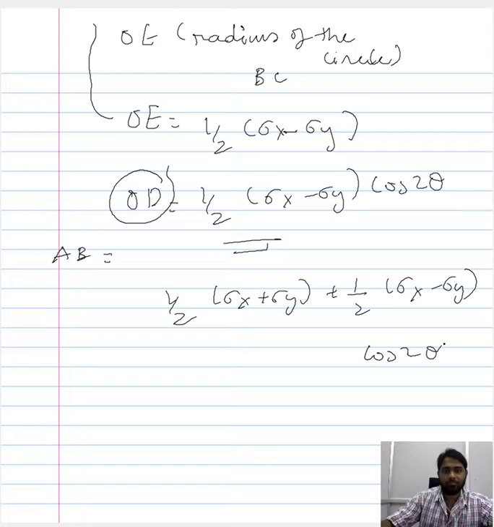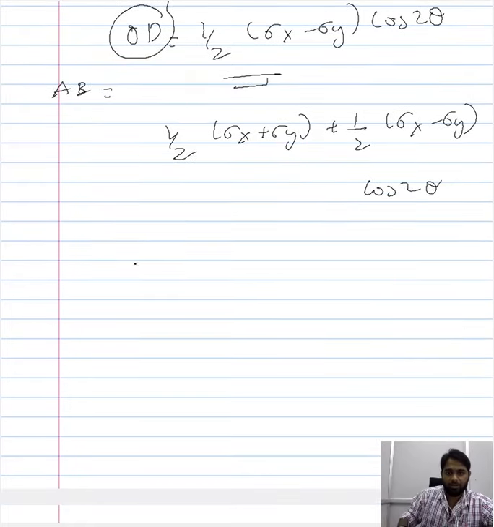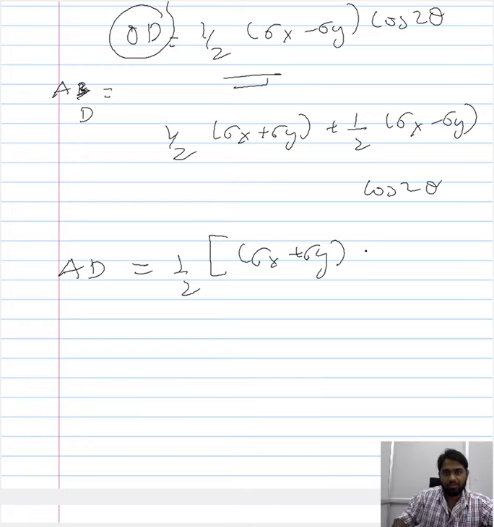2 theta. Now if you take the 1 by 2 here, the AD, so rather this should be AD. So AD would be something like this: sigma x plus sigma y plus (sigma x minus sigma y) cos 2 theta.